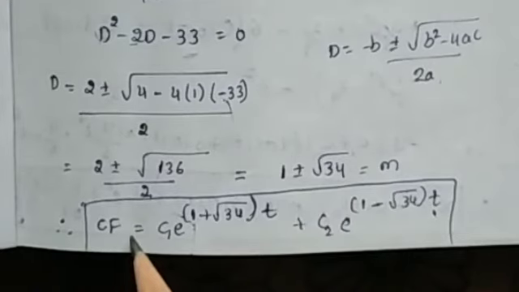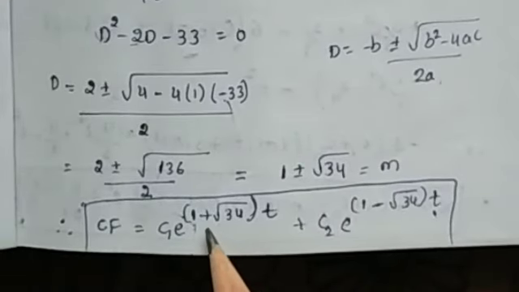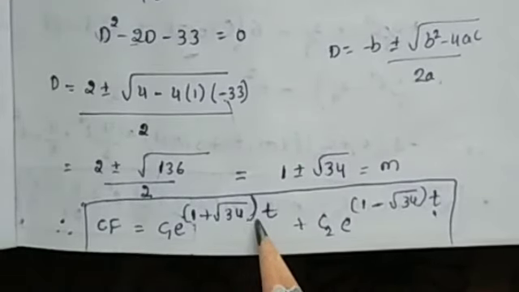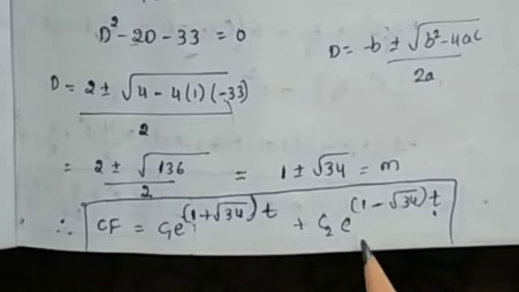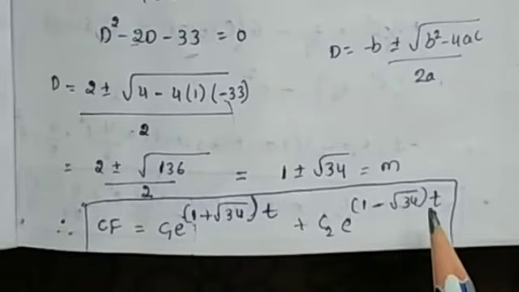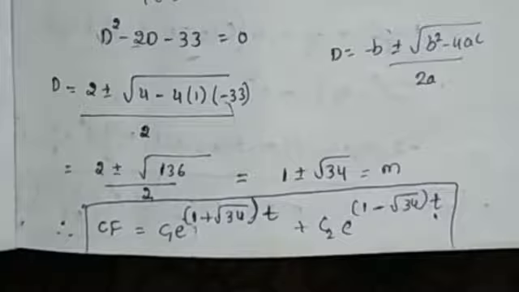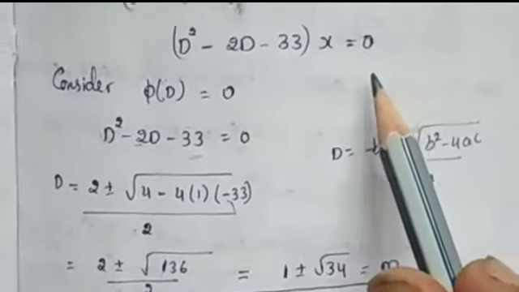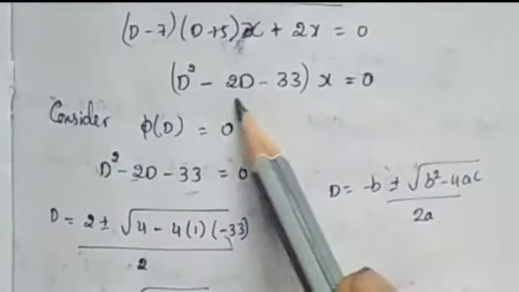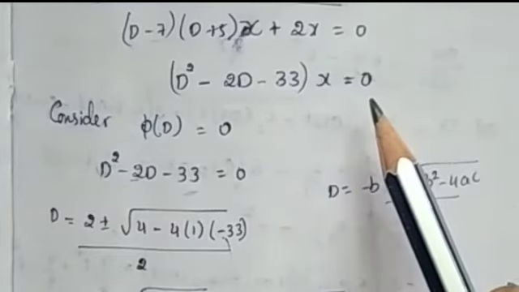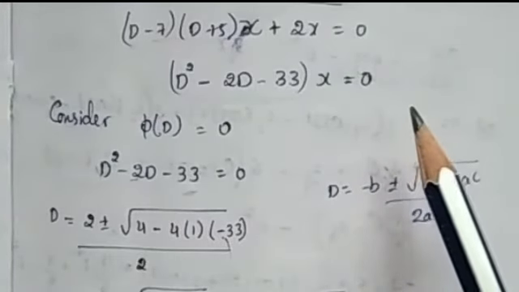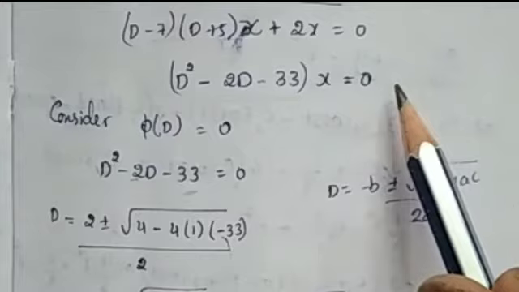So the complementary function is equal to c1 e to the power 1 plus root 34 into t plus c2 into e to the power 1 minus root 34 into t. In this case, the particular integral should be 0 because it is a homogeneous differential equation. In homogeneous differential equations, the particular integral should be 0.